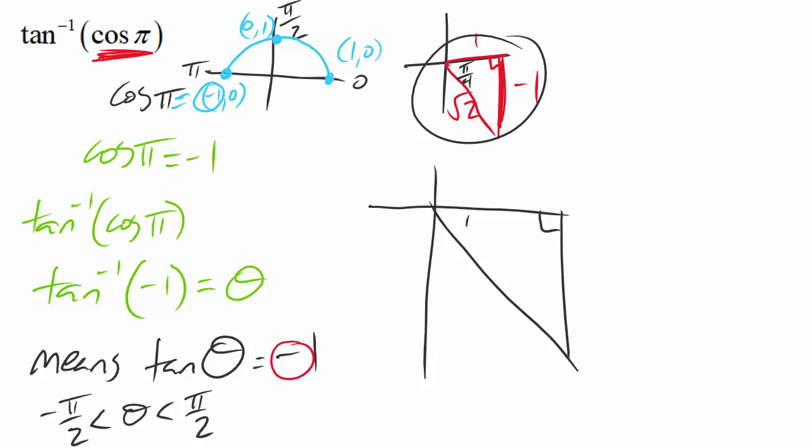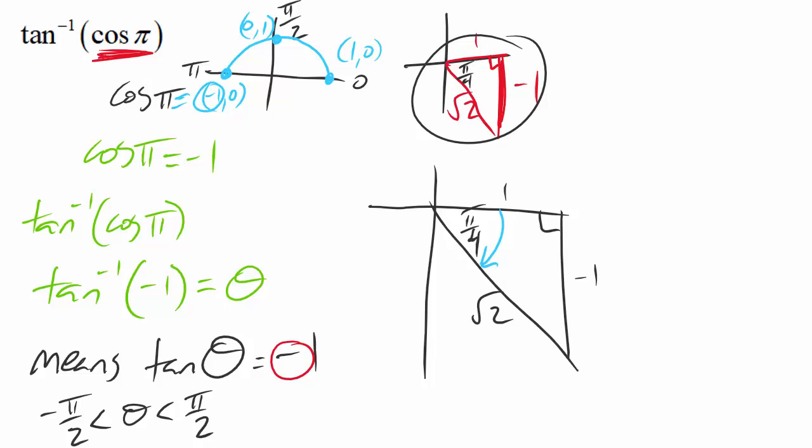All right, so we know that our reference angle now is going to be pi over 4 to give us our tangent of negative 1. So we just want to suss out what that would be for our actual angle measure.